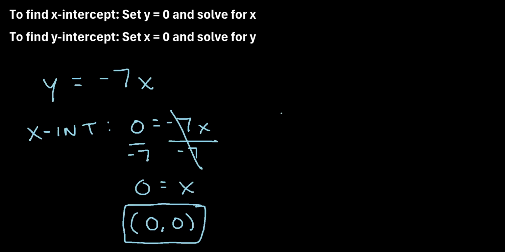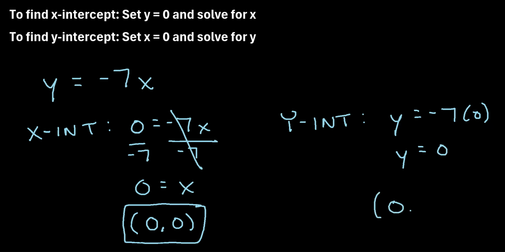Let's find the y-intercept. To do that, we set x equal to 0 and we solve for y. So we get y is equal to negative 7 times 0. Well, 0 times anything is just 0, so we're left with y is equal to 0. Or written as a coordinate pair, when x is 0, y is 0. So we'll notice for this one, both the x-intercept and the y-intercept are located at 0, 0, which is the origin.